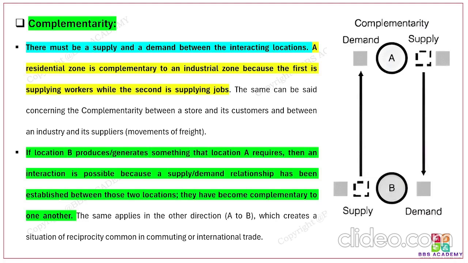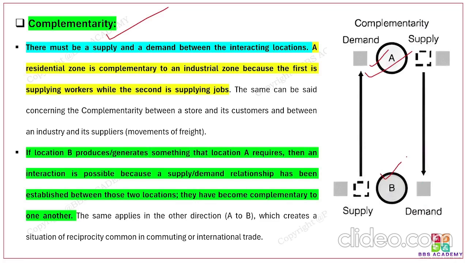First, the complementarity concept. Complementarity means when two places interact, one place must have a supply of an item or product for which there is an effective demand in the other place. So there must be a supply and demand relationship between the two interacting locations. In this graph, two different locations A and B are there.